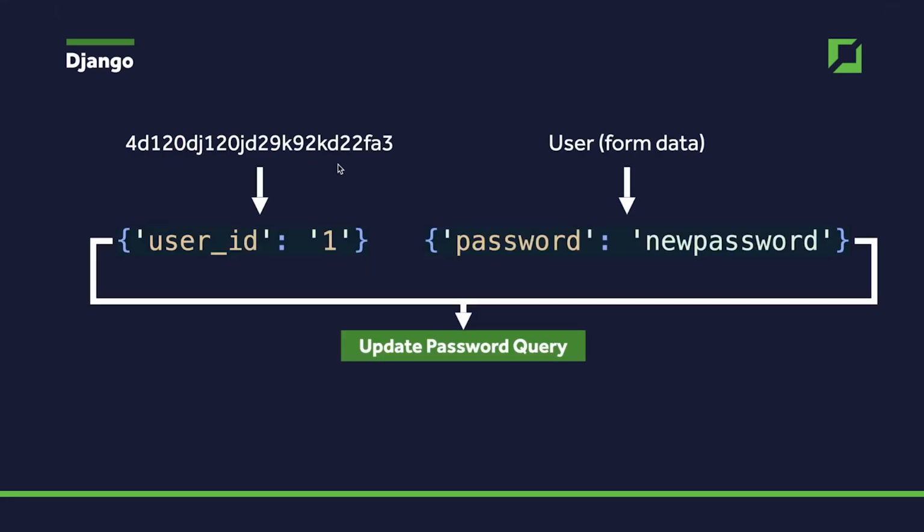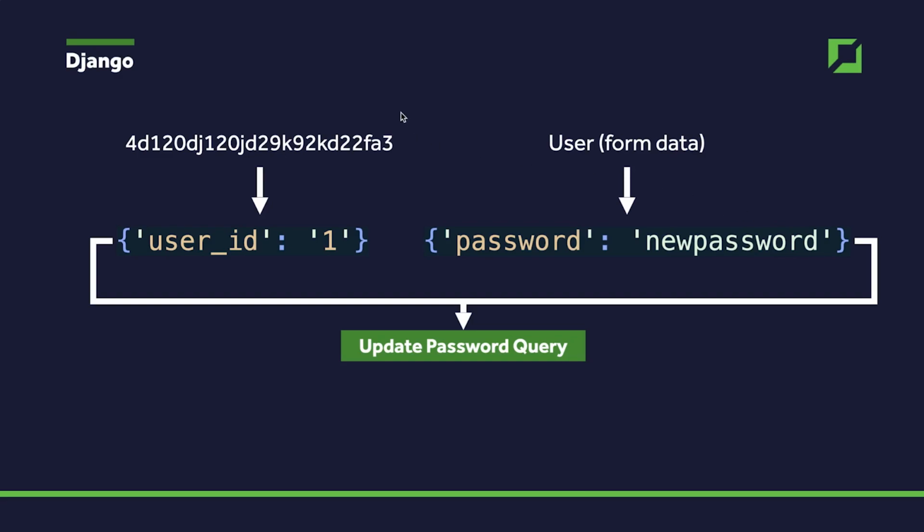So this signed value that gets added into the link, we can capture again when the user updates their password. Imagine the user's clicked on that link, it's got the signed value that we've generated, which has got this hidden data inside. Then the user goes to the page where they reset their password and types in a new password, so we capture that at the back end of Django.